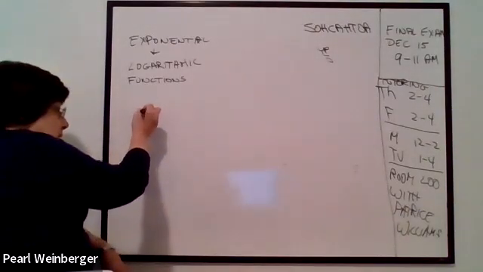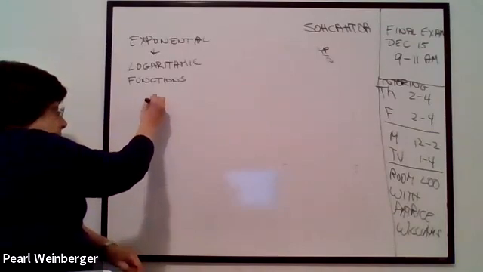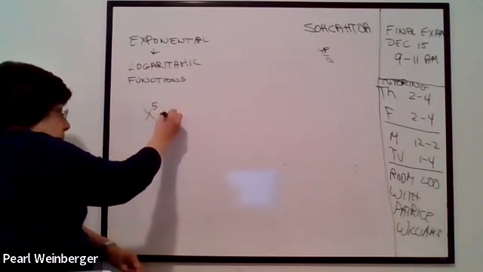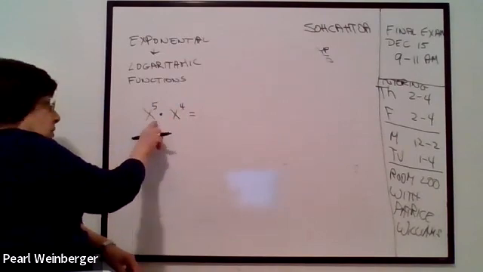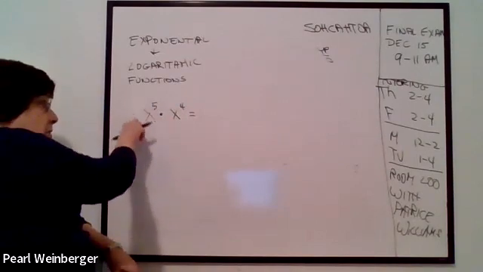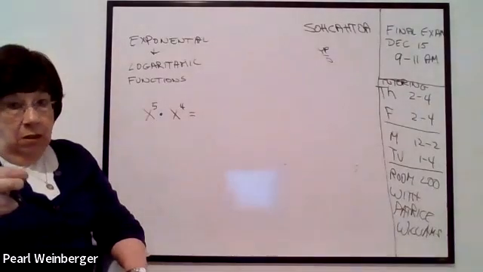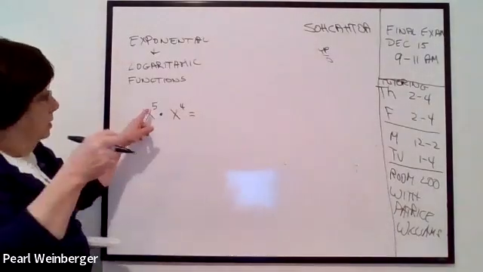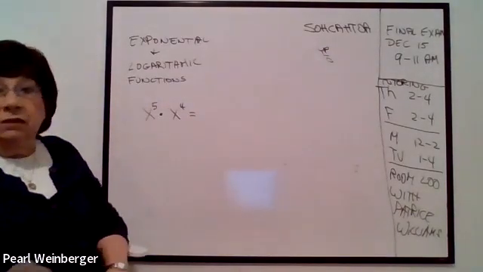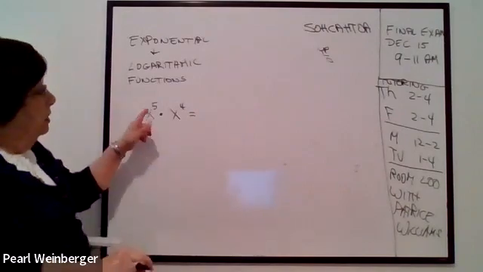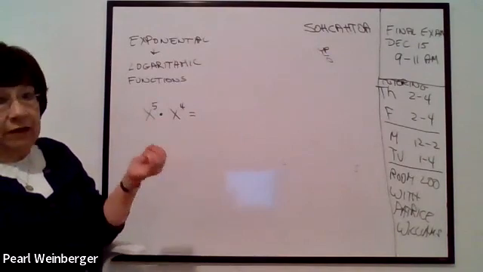So let's say I have x to the fifth, and I'm multiplying it by x to the fourth. What do we do when we're multiplying? First of all, the x in this case is what we call the base. The superscript, little raised number, is the exponent. And if I see x to the fifth, of course, you know it means that you're multiplying x 5 times.